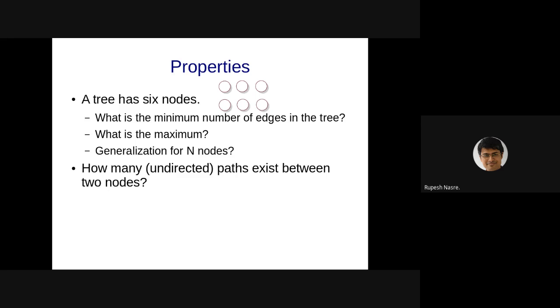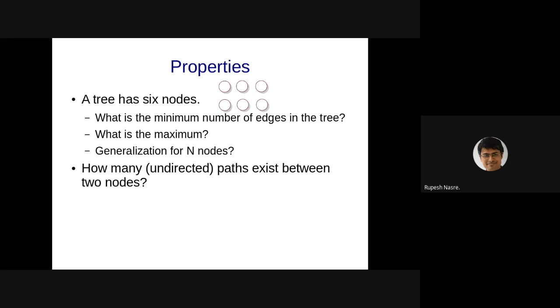One question which I'll mention, but I'll probably leave you with that: how many undirected paths exist between two nodes, right? So if you take any tree that is going to have some sort of a path, if you ignore the direction, right?